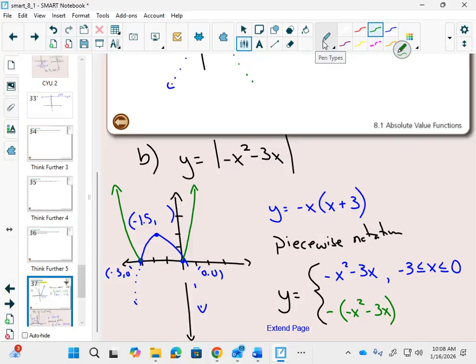Algebraically, we could take the original equation, put it in brackets, and say if these are negative numbers, because I flipped them up, all I would have to do is put a negative in front, making them positive. I could simplify that now. Do you see that that would become x squared plus 3x? And when do we have the green part? We have the green part when x was less than -3 or when x was bigger than 0.